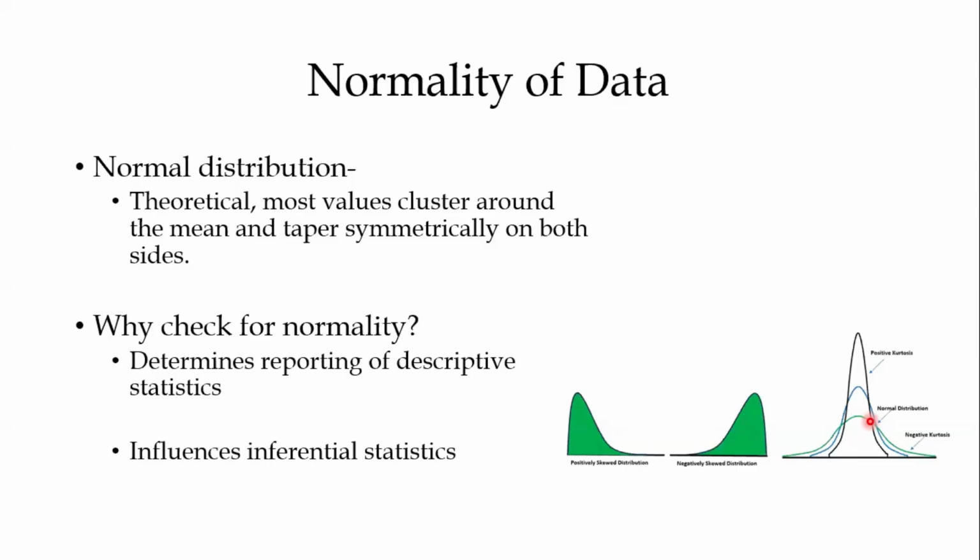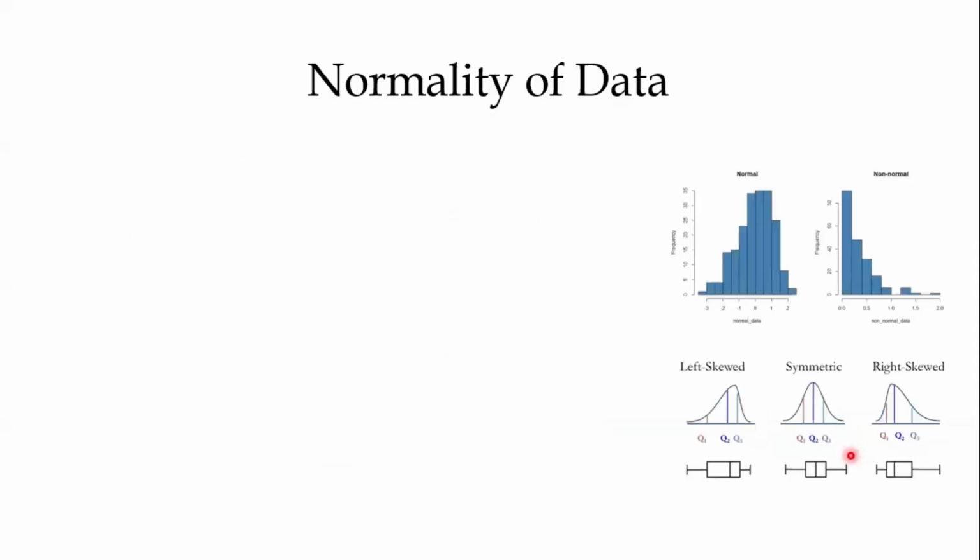Because you used statistical tests that were not appropriate for that normality of data. So it's always encouraged that part of the descriptive statistics should be to check for normality of data, and I shall demonstrate to you how we do analysis for normality of data.